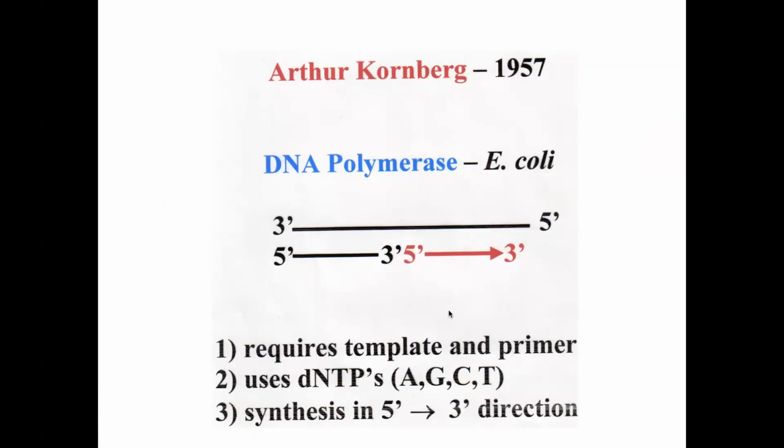What was required is that the template strand had to be partially double-stranded. You make the single-stranded template partially double-stranded by adding a complementary sequence that we describe as a primer.